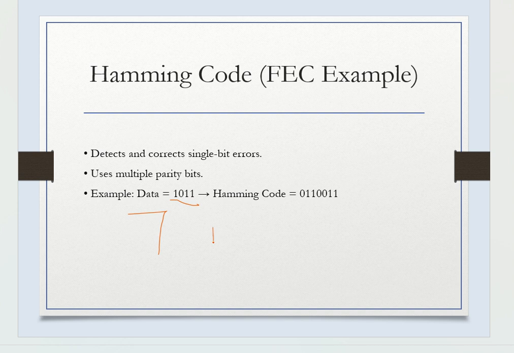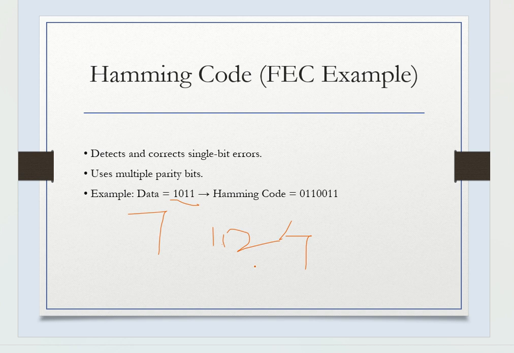Positions 1, 2, and 4 are parity bits. That means P1, P2, D3, P4, D5, D6, D7.